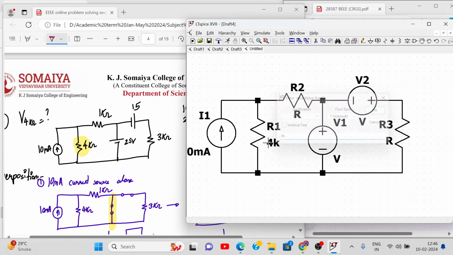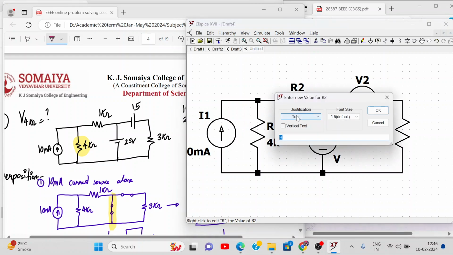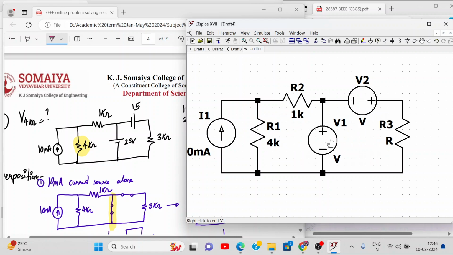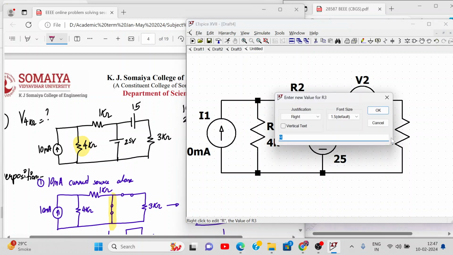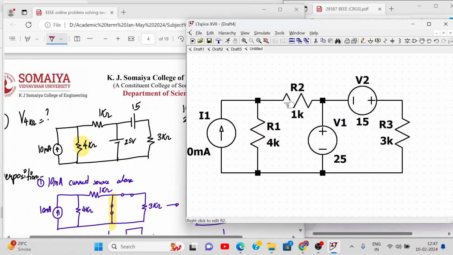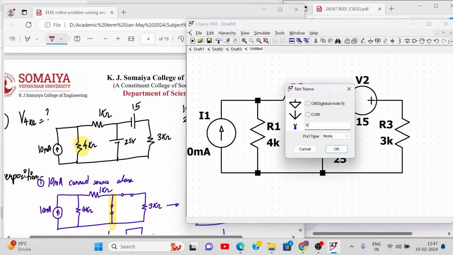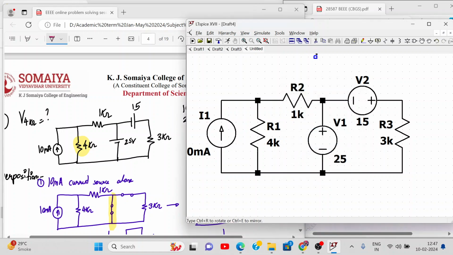This will be 4 kilo ohm. This is 1 kilo ohm. This is 25 volt. This is 15. This is 3 kilo ohm. Let me mark this point as V4. Ground is missing. Let me call that V4 only.